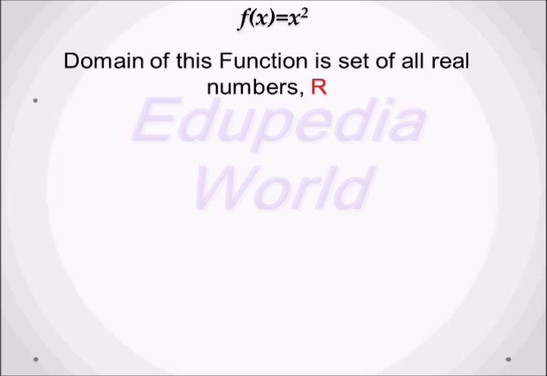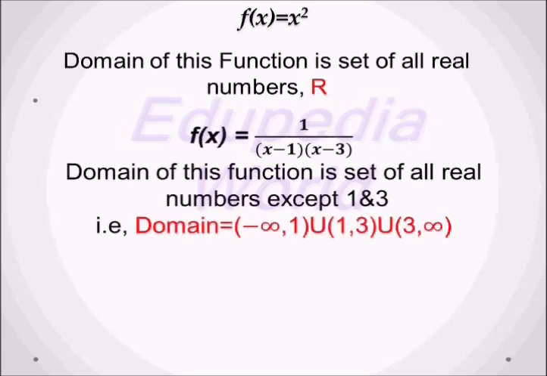Consider another example, f of x equals 1 divided by (x minus 1) into (x minus 3). Here, the domain of this function is all real numbers except 1 and 3. The reason is, if we put 1 and 3 in the function, we end up in division by 0, which is not possible.